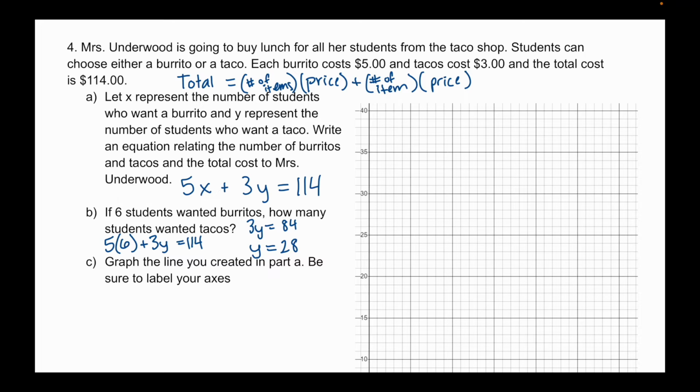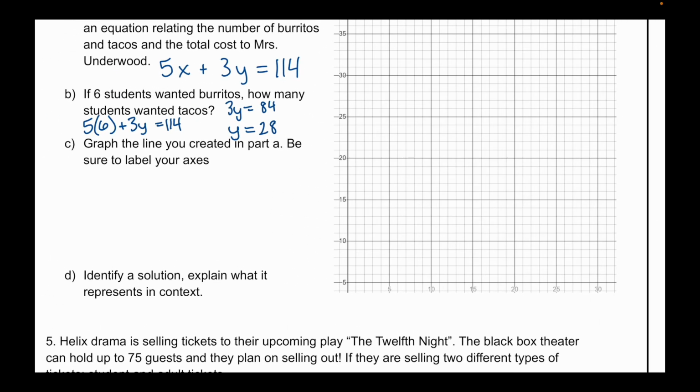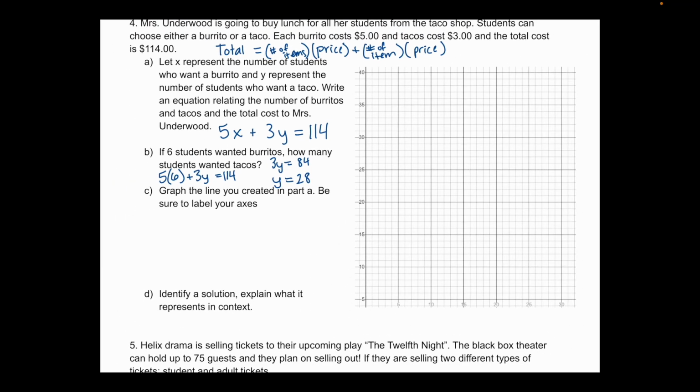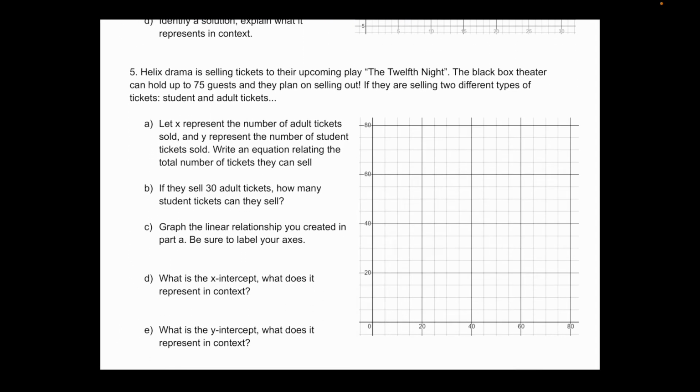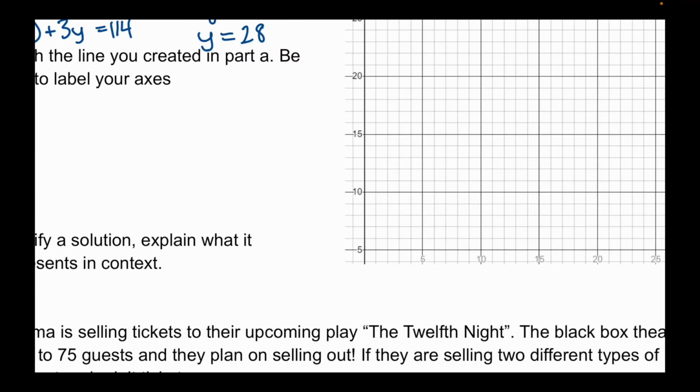So we want to graph this line that we created in part A, and we want to label our axes. They told us that X was students who wanted burritos. Now, this doesn't quite fit. I don't really like the way these graphs are labeled because we don't actually go down to 0, 0. It kind of stops at 5.